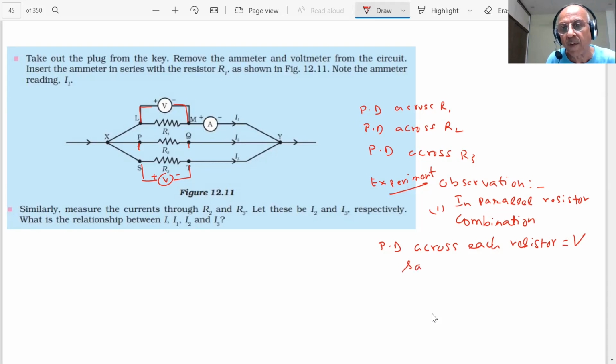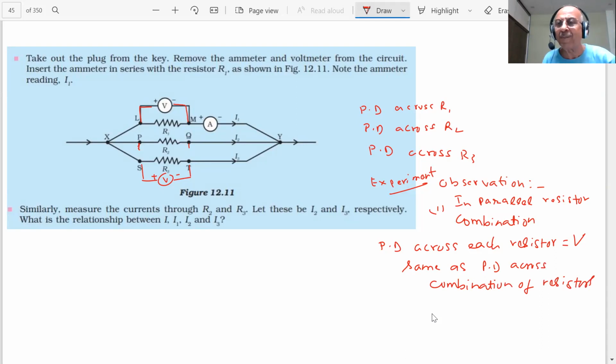Same as the potential difference across the combination of resistors. Combination of resistors, students, important point.